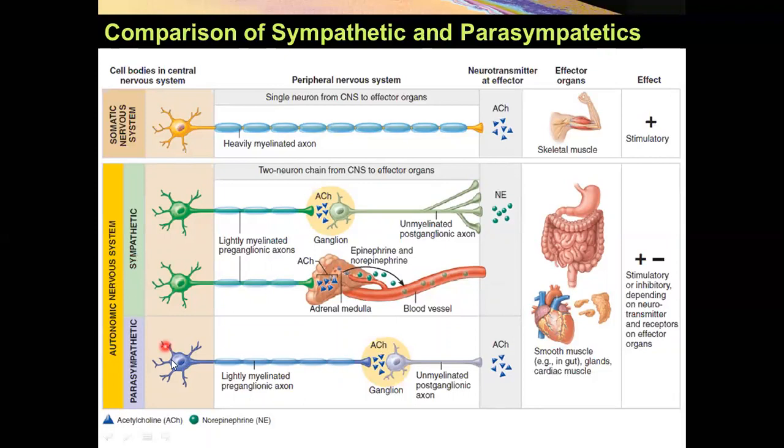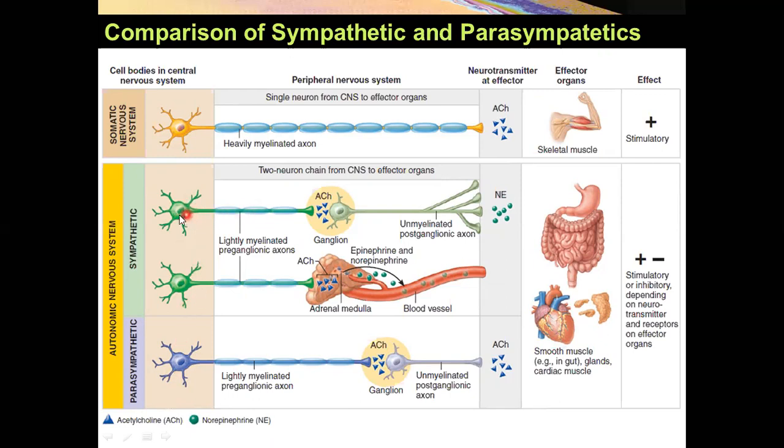And cell bodies for the parasympathetics are located in the parasympathetic nuclei of the cranial nerves in the brain stem, which are the oculomotor, facial, glossopharyngeal, and the vagal nerves. And also in the lateral horn of the spinal cord between S2 and S4 spinal segments.